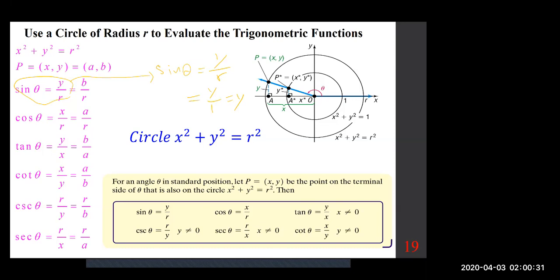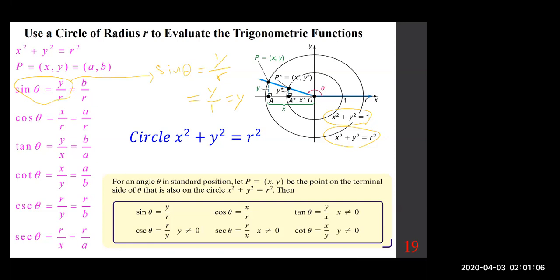Instead of saying Y represents the sine, it's Y over R that represents the sine. Instead of saying X represents cosine, it is X over R that represents cosine. And why is that? Because we are no longer dealing with a unit circle, okay? The unit circle has given its spot to a general circle located at 0, 0 with a radius which is different than 1.